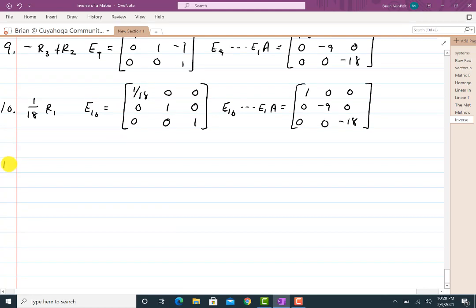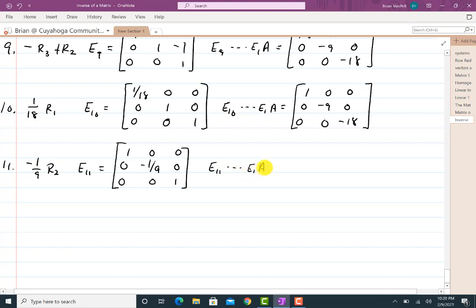Continue. This time I'm going to do negative 1/9 row 2. So my E11, and then if I do E11 dot dot dot E1A, well, I have 1 0 0 0 1 0 0 0 negative 18, and I'm ready to finish it off on this last step.